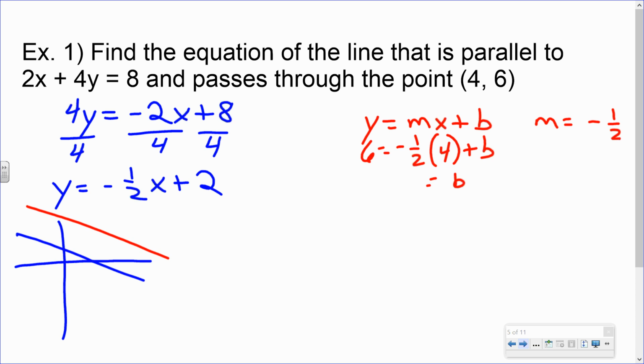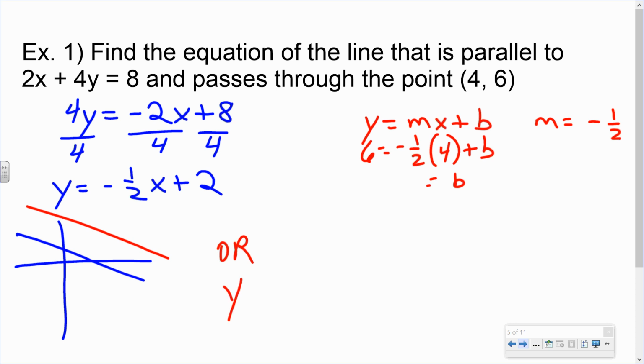Nothing at all wrong with doing that, but this one has an easier way. Did this say get the slope-intercept form of the equation? Did it just say get an equation? We could simply say, since we know the slope and we know the point, we're going to use the point-slope formula.